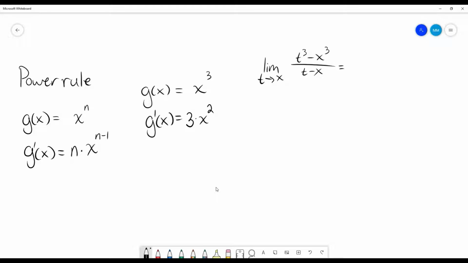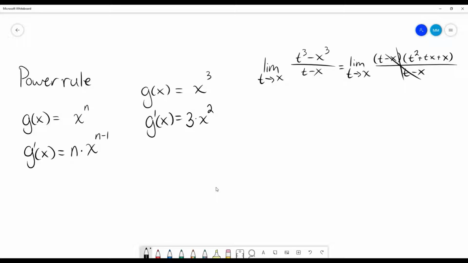And I could factor that out. Oh, no, that's one of our perfect cubes, so it's going to be t minus x, and I believe that should be t squared plus tx plus x all over t minus x.